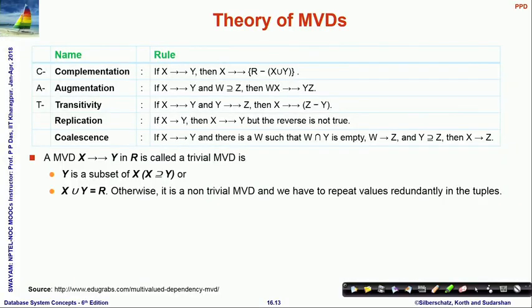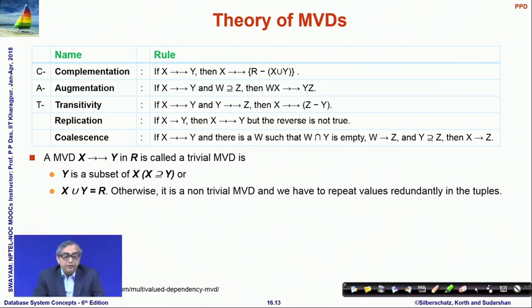In terms of multi-valued dependencies, we have 3 rules commonly called the CAT rules, which purely involve multi-valued dependencies. First is complementation, which we have just discussed: if x multi-determines y, then x multi-determines R minus (x union y), the remaining set of attributes.